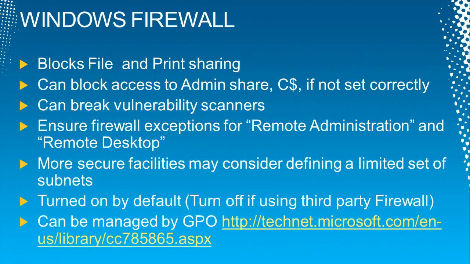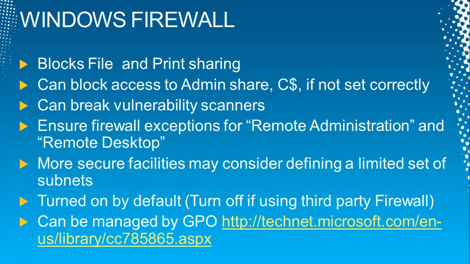Windows Firewall is on by default in both USGCB and FDCC. Okay? If you're running a third-party firewall, you're going to want to turn this off. You don't want to run 2 firewalls together, because you're going to have a real mess. Okay? Nothing's going to work. File and printer sharing, there's going to be maybe problems with that.